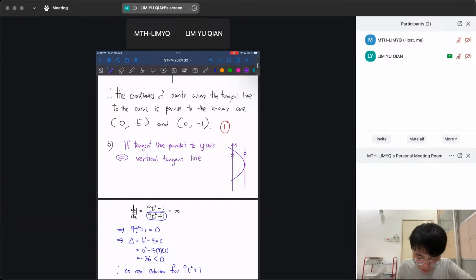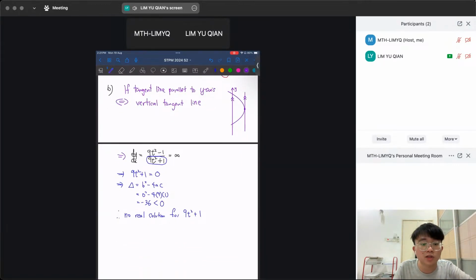Actually, both these statements are the same, but the useful thing is you can write dy/dx equal to infinity or denominator equal to 0. These two, either one will give you 1 mark.